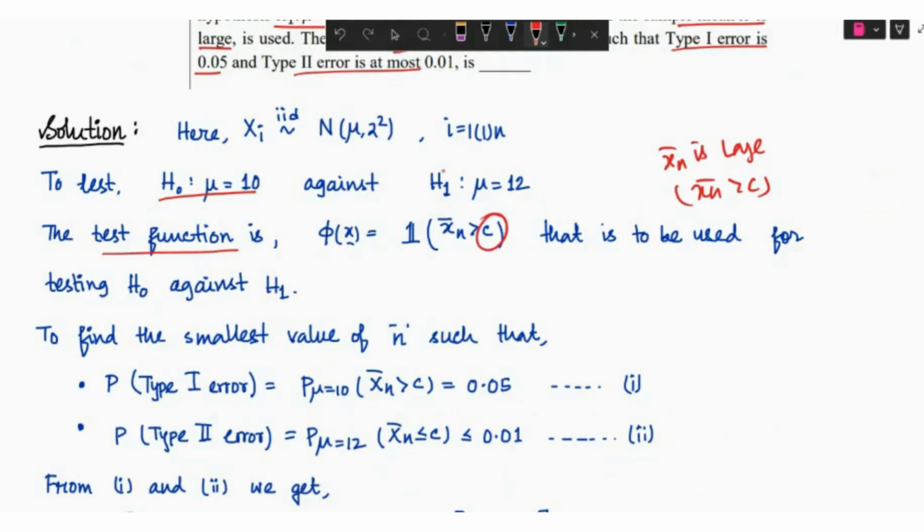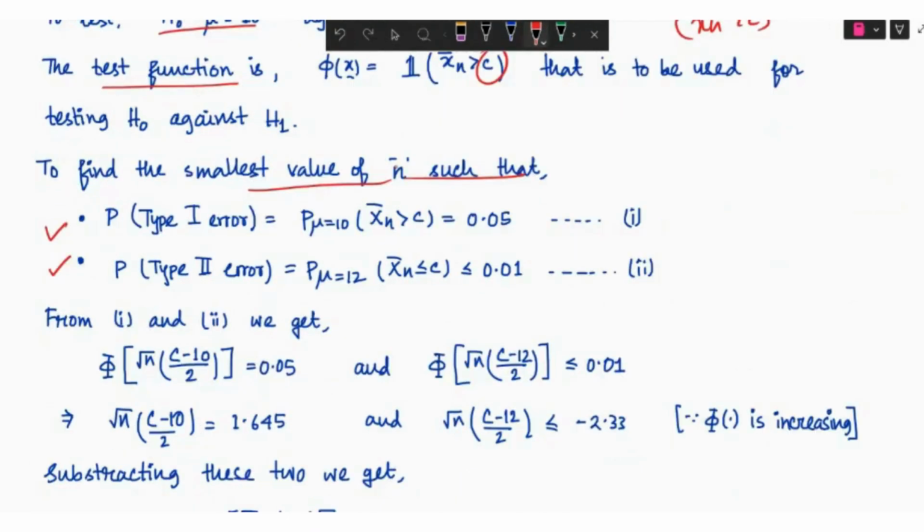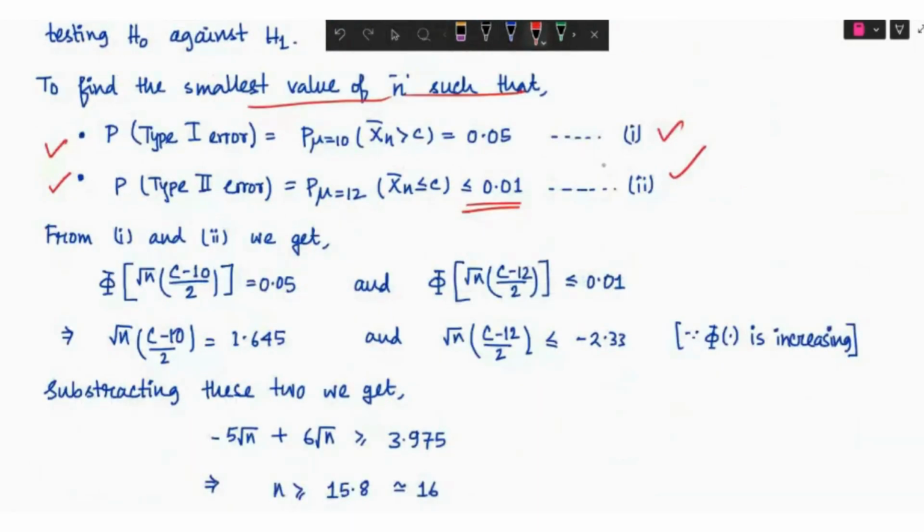Okay, so to find the smallest value of n such that these two conditions hold, probability of type 1 error is 0.05 and probability of type 2 error is less than or equal to 0.01. With the help of these two conditions, we get the probability at mu equal to 10 of Xn bar greater than c, which simplifies to a normal(0,1) probability.